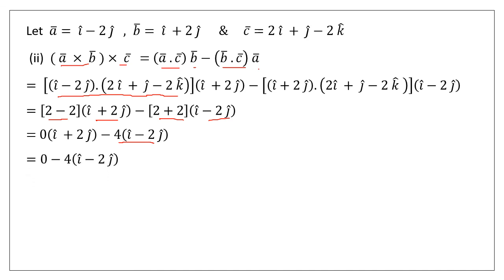After solving it, we have minus 4i cap plus 8j cap. Call this equation 2.